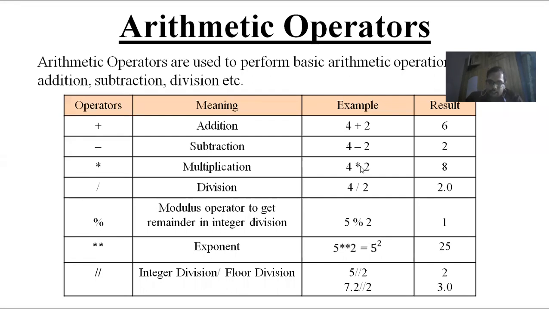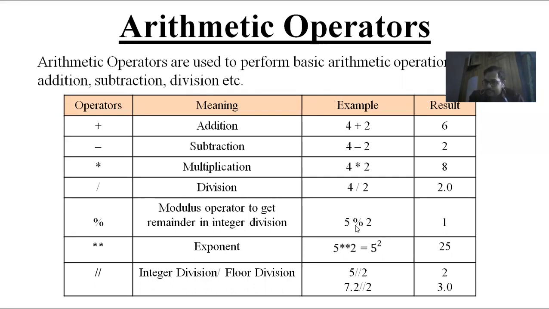Cross sign means x here, okay? So instead of the cross sign you have to write an asterisk. Then division, 4 divide by 2. You will get the answer in floating point. 4 divided by 2 gives 2, but the result will come like 2.0 because the result always comes in the form of floating point. Then the modulus operator, 5 modulus 2.